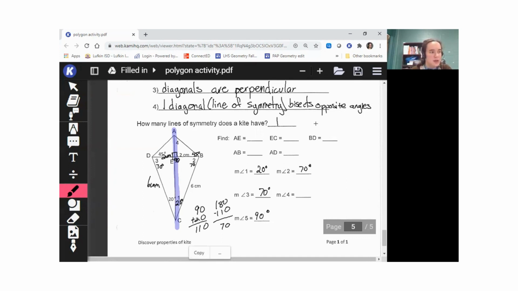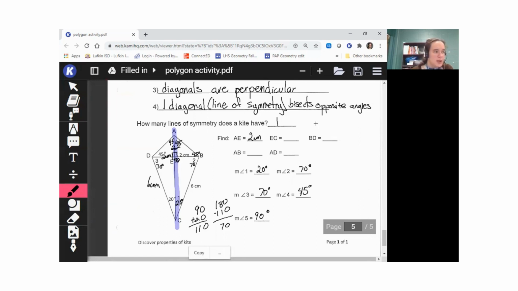And then for angle 4, we have 90 degrees and 45 degrees. So we have a 45, 45, 90 triangle here. And again, 45 goes on the other side. So since we have a 45, 45, 90 triangle, we know a lot of information. We know that AE is 2 centimeters.